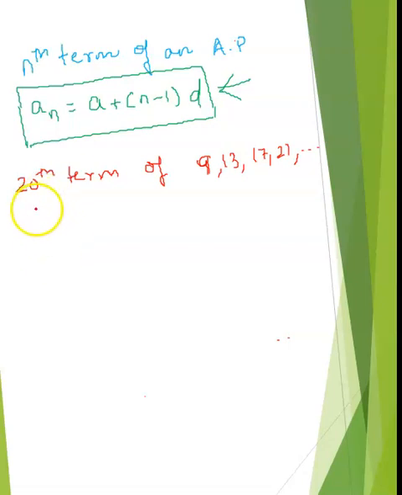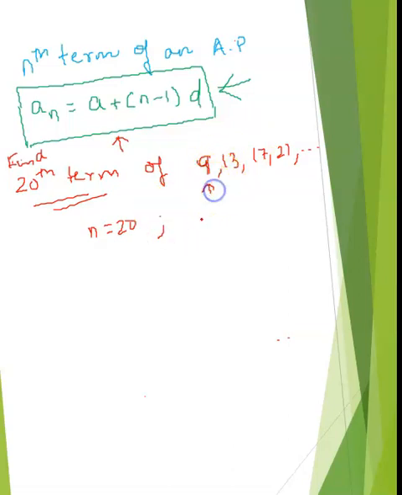Now the solution of this question: you have to find the 20th term of this AP. When it is saying 20th, in place of n you will write 20 using this formula. Here in the AP, what is the first term?